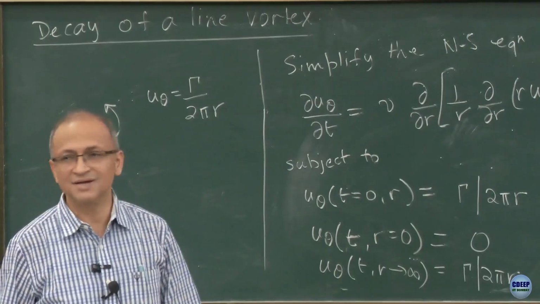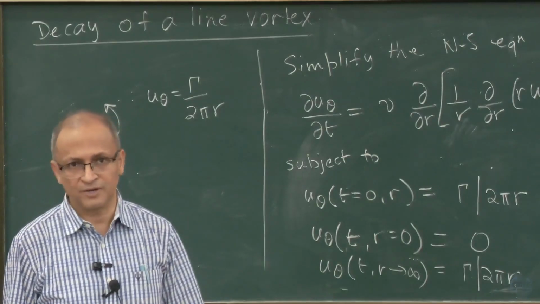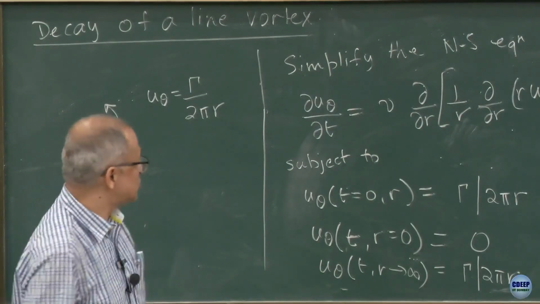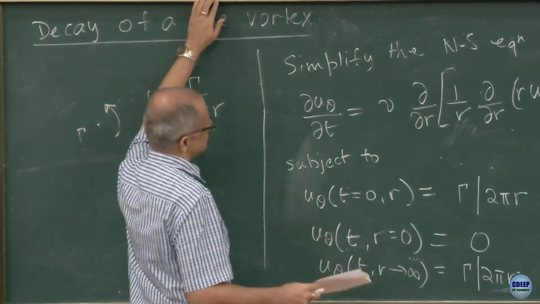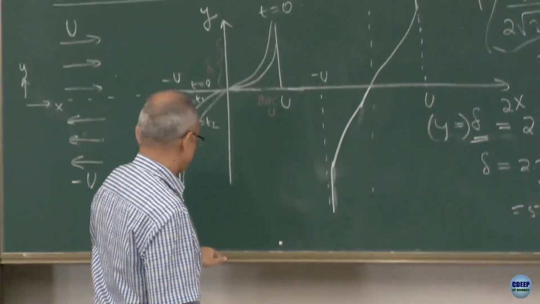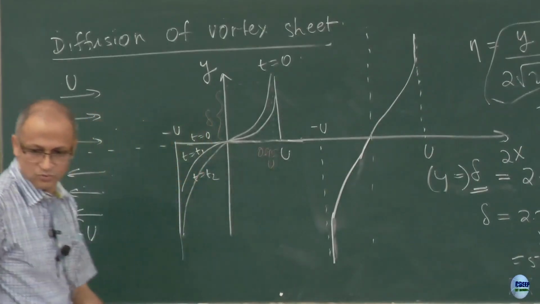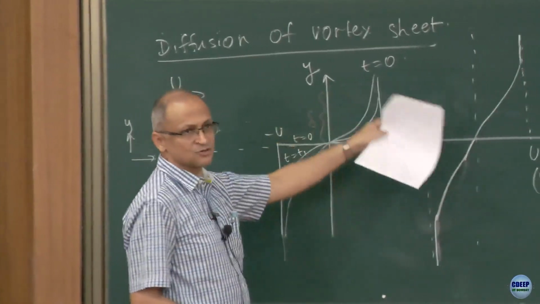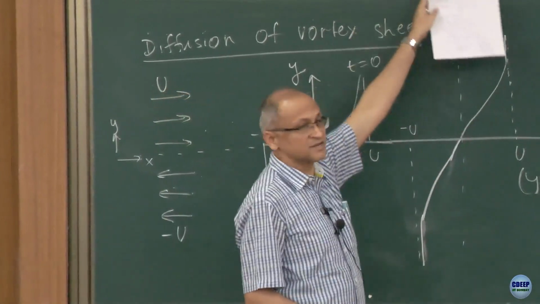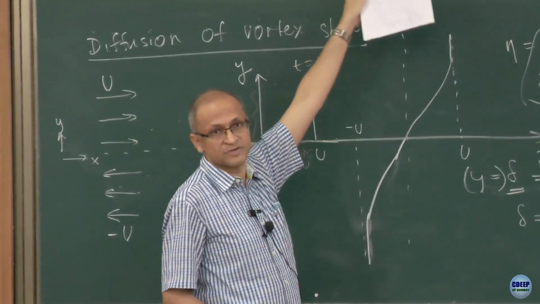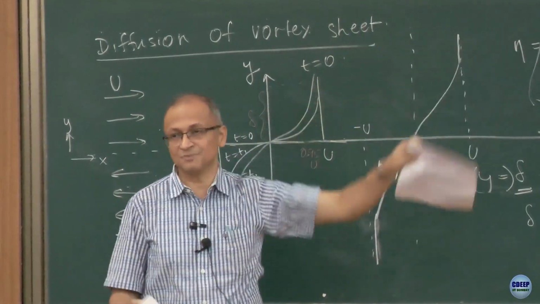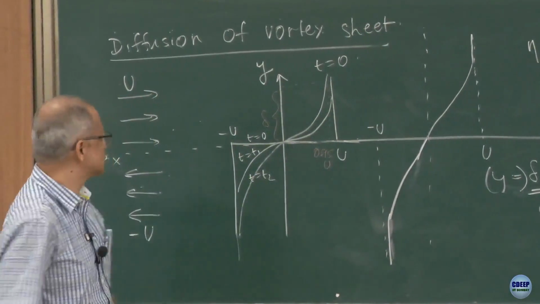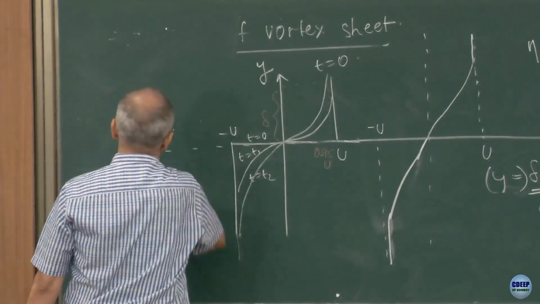If I did that, then my similarity solution would not apply. In this case I'm not doing that, so I don't expect anything to bother me. What will tell me whether similarity applies is that, hopefully, my governing equation and these three conditions will reduce. Ultimately, in similarity, philosophically, what is it that we're trying to do?